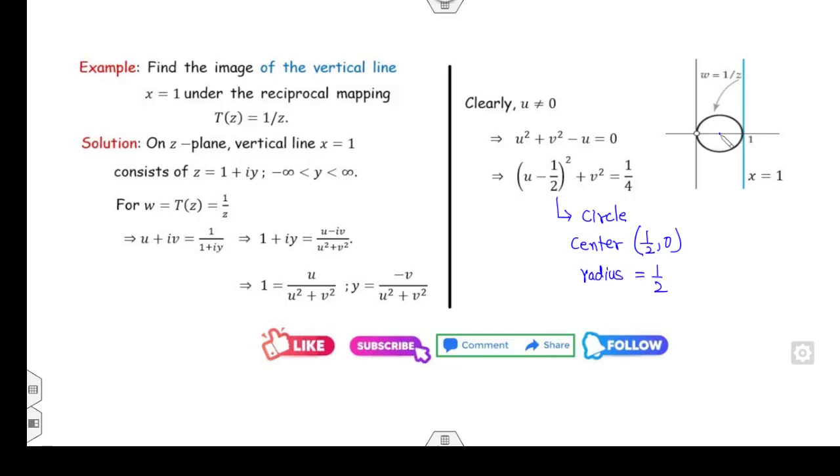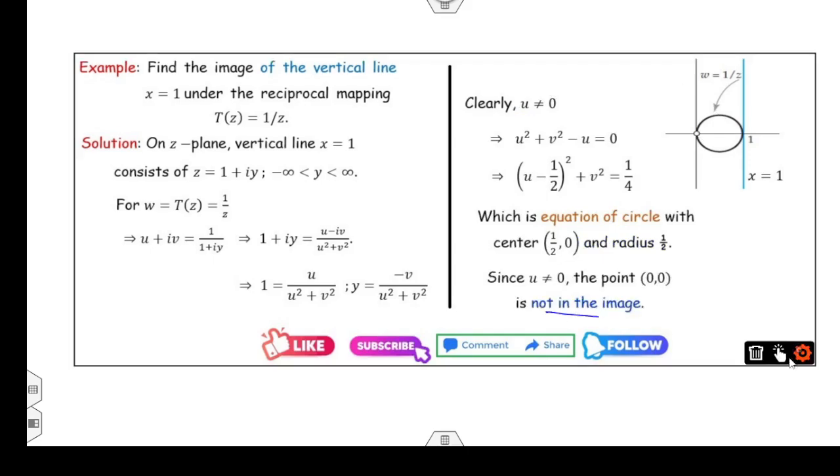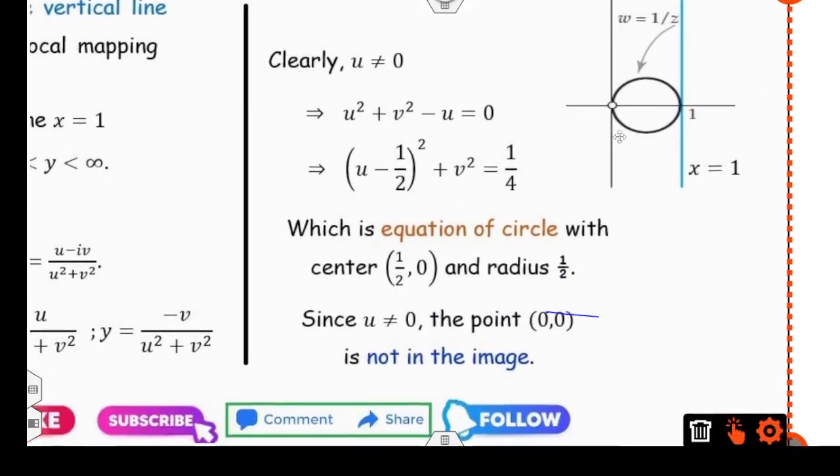So that means this is the image w equal to 1 over z. But make sure u is non-zero, so this portion is not in the image.